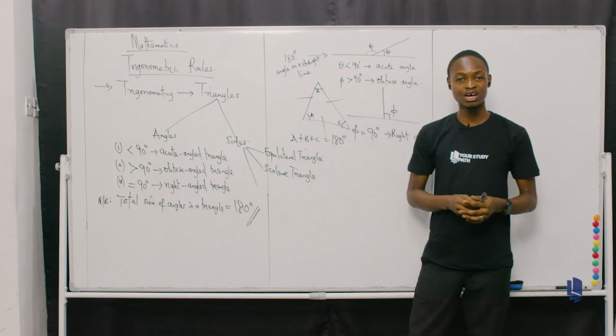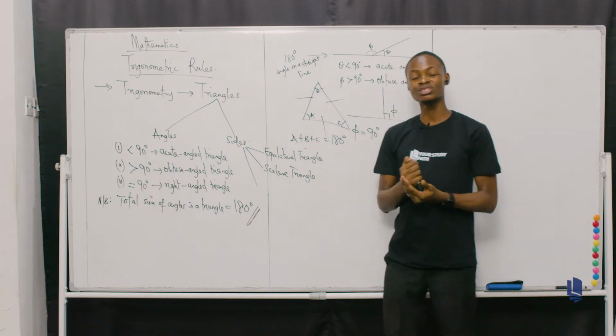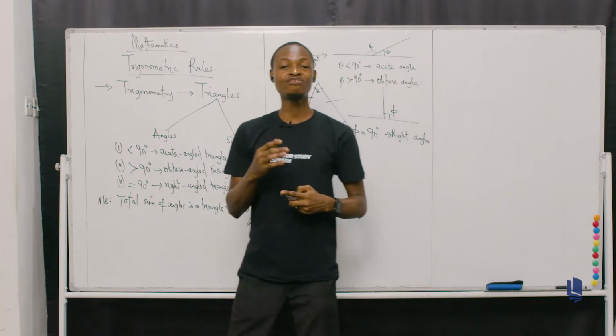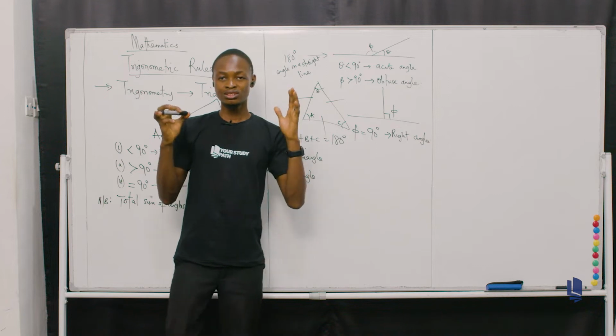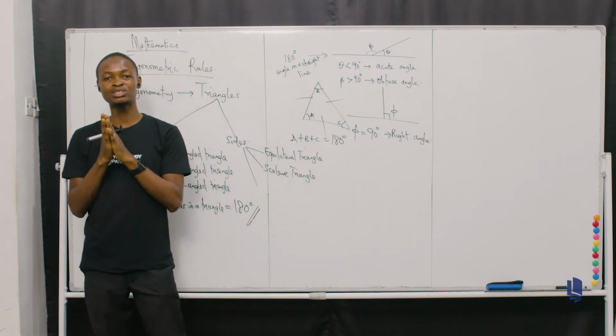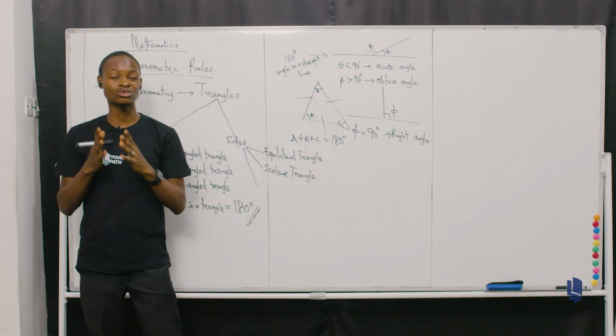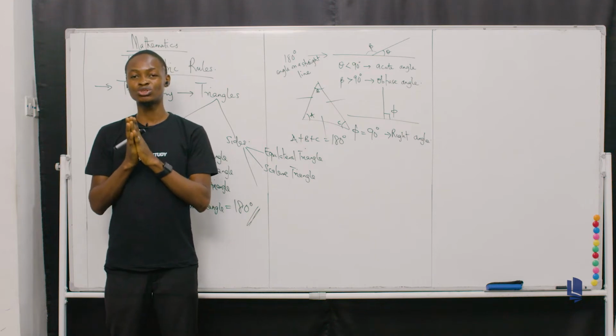The equilateral triangle, what does it tell you about the sides? The scalene triangle, what does it tell you about the sides? Every single triangle you have their own base condition. It is very, very important you realize and understand how those base conditions work.